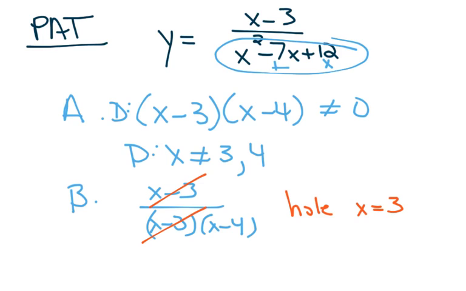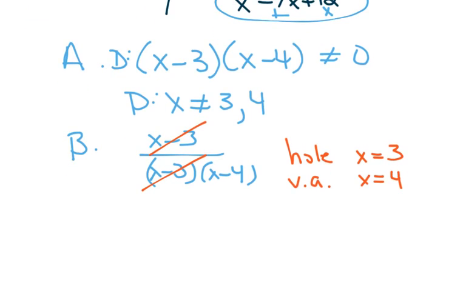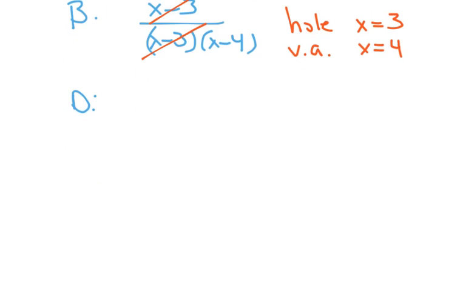Anything else left in the denominator that can't be crossed off is going to be a vertical asymptote, and there is going to be a vertical asymptote at x equals 4. There is no part C on here, which is kind of interesting, so I guess we'll just skip down to part D, which says graph the function.